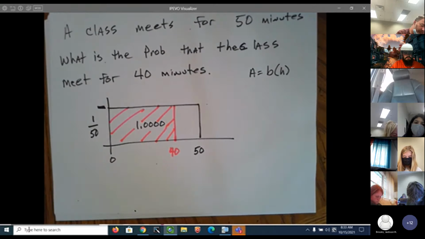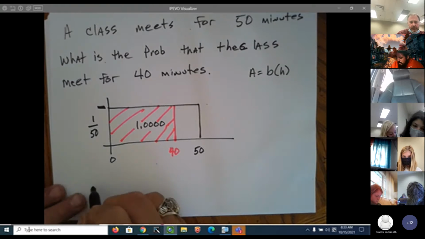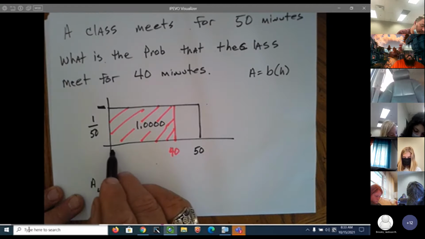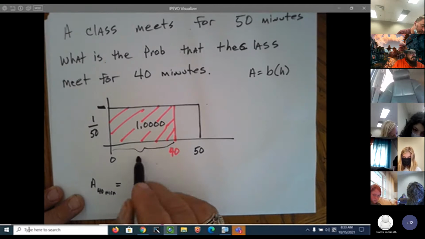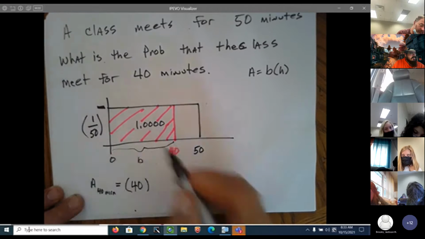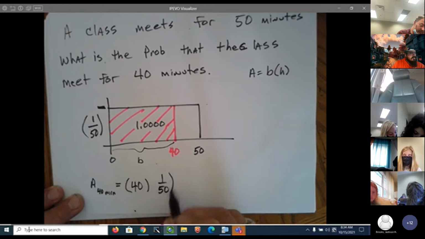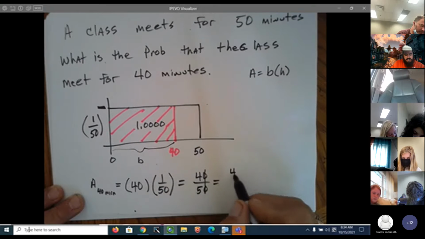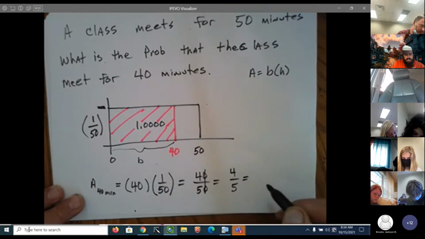Okay, so that's going to be area for 40 minutes is equal to base 40 times the height 1/50, which is equal to 40/50, which is equal to 4/5, which is equal to 8/10.